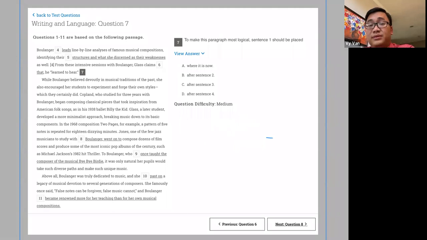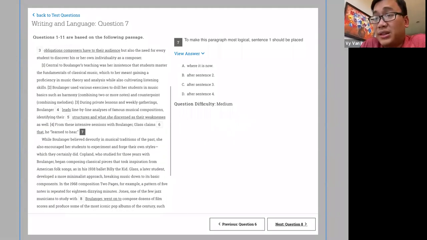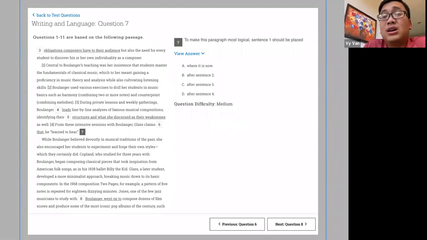Sentence placement, okay? So they want to make this paragraph most logical, sentence 1. So let's read sentence 1. Central to Boulanger's teaching was her insisting that students master the fundamentals of classic music, which to her meant gaining proficiency in music theory, analysis, while also cultivating listening skills.